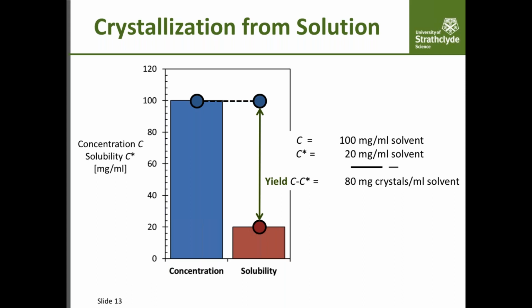The yield in this particular example is 80 milligrams of crystals per milliliter of solvent, which means that if you wait long enough, you would crystallize 80% of your solute, and 20% remains in solution. So it's important to know your solubility, so that you know the maximum theoretical yield and the loss of material, because some solute will stay behind in the remaining solution.